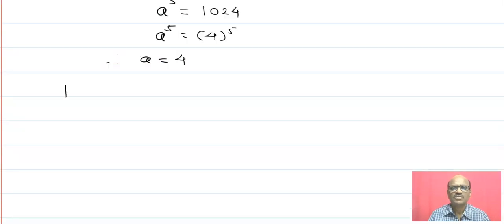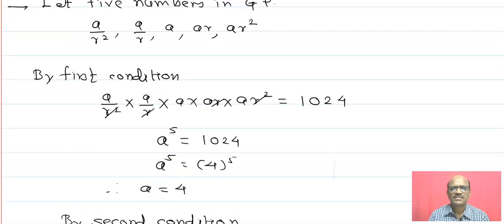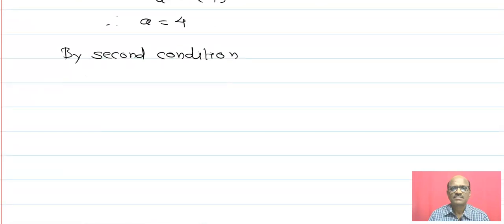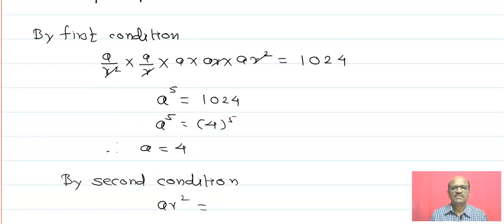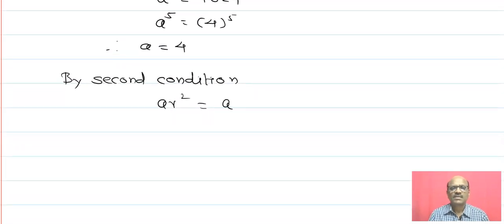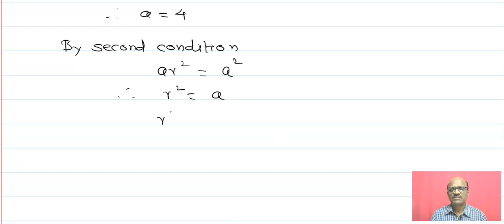Therefore, a is equal to 4. Now, by the second condition, ar square is equal to a square.